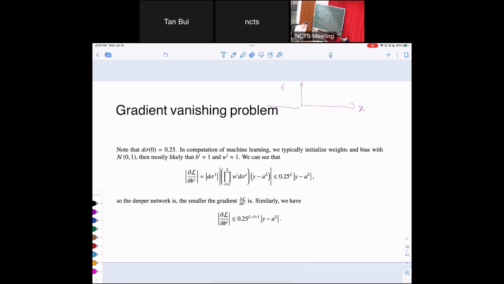This is our sigmoid function. Remember that the sigmoid is equal to 1 over 1 plus e to the negative x.